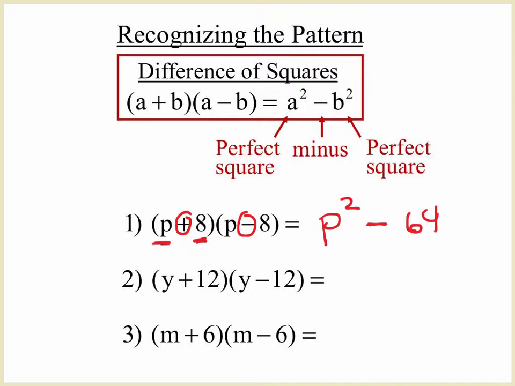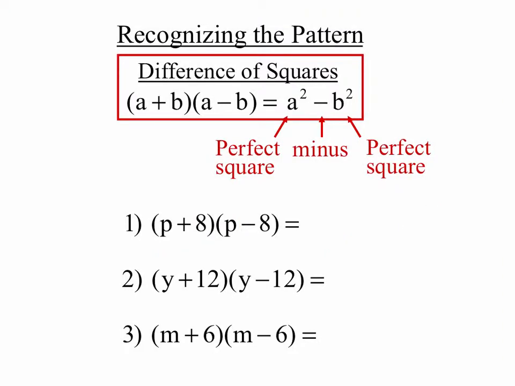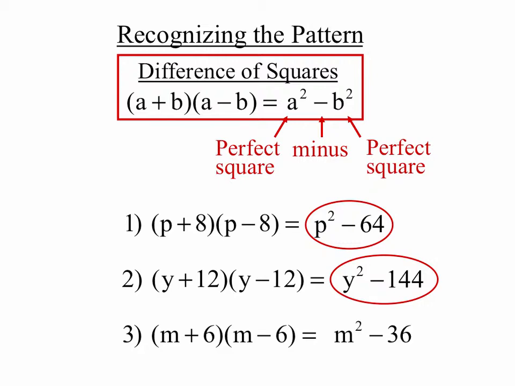Now check your work. You should have gotten y squared minus 144. M squared minus 36 for number 3, sorry.